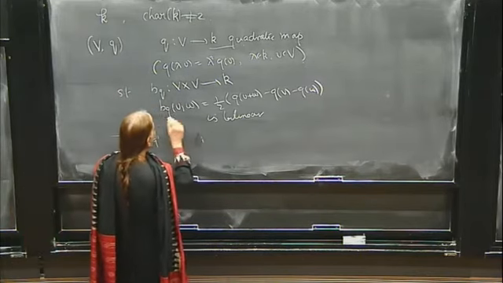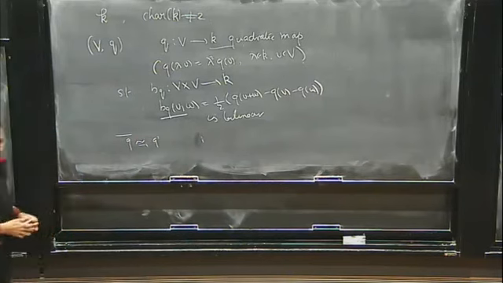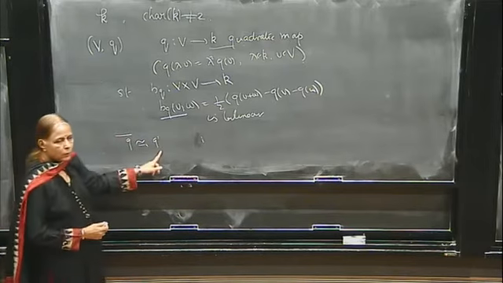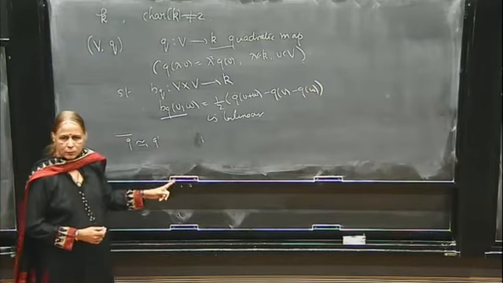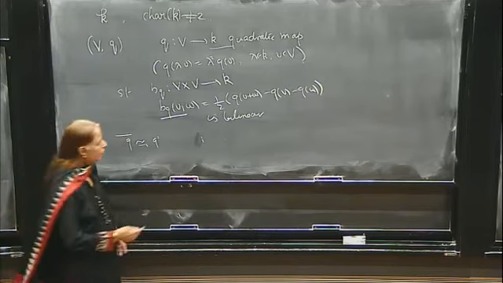Given the symmetric bilinear form, you can choose a basis for V and represent it by a symmetric matrix. Given a quadratic form, you have a symmetric matrix. And what does isomorphism of quadratic forms lead to? It leads to congruence of matrices.